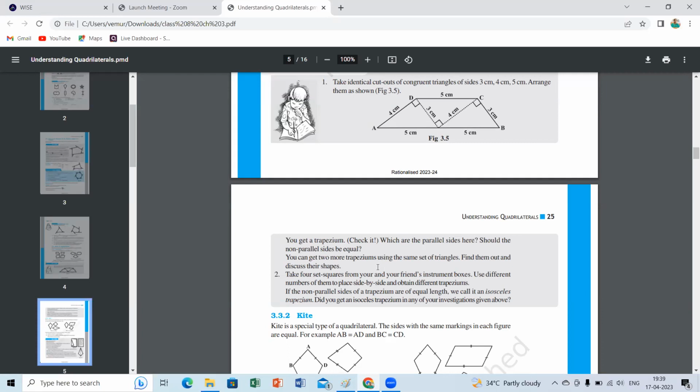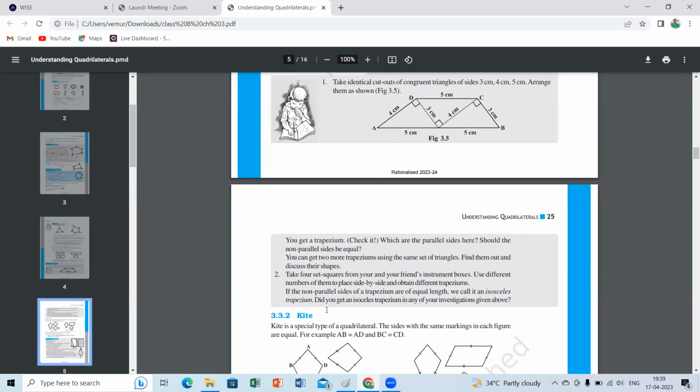If the non-parallel sides of a trapezium are equal in length, we call it, as we just discussed, an isosceles trapezium. Did you get an isosceles trapezium in any of your investigations? You can play this in your class or at home.